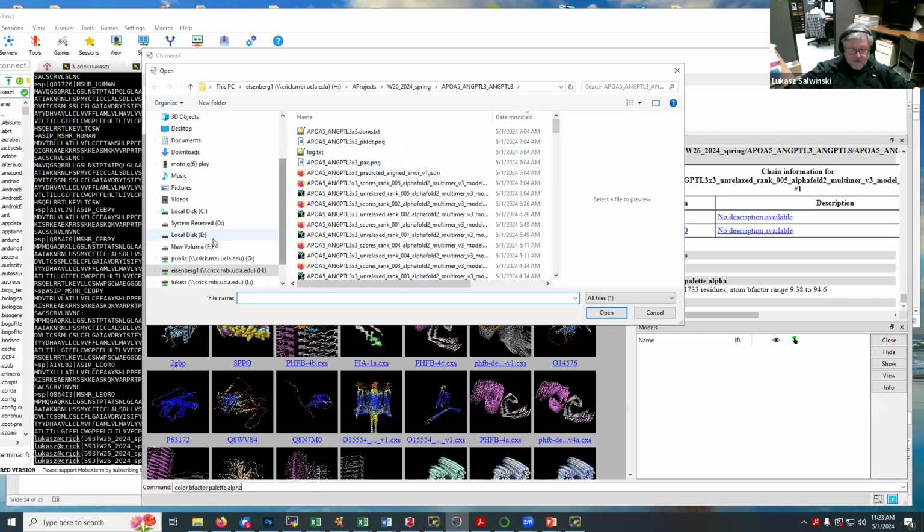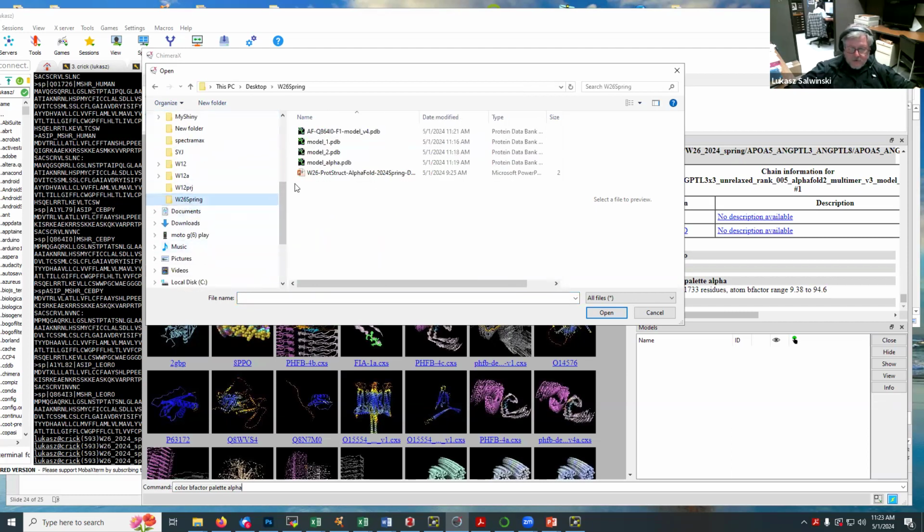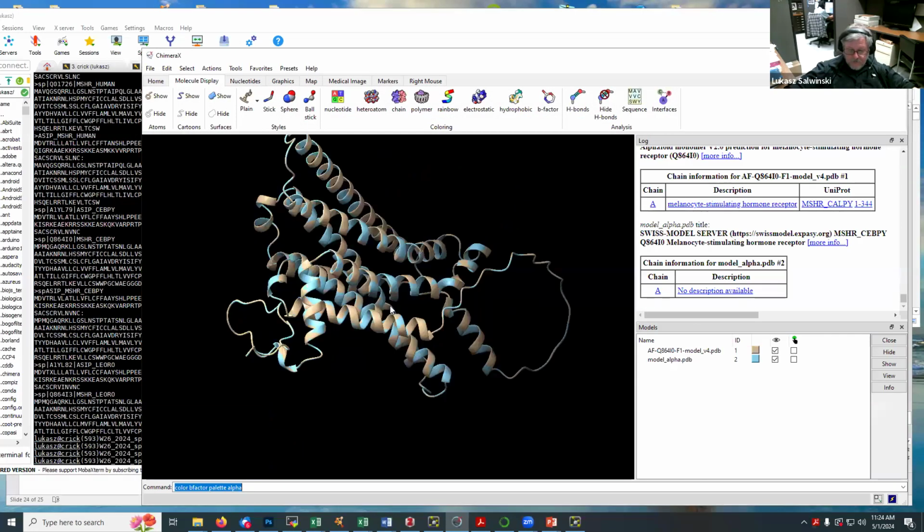I've got to go to the desktop and our directory with the models, and let's open first our AlphaFold model, and at the same time we're going to open two files: the original AlphaFold model and the model after Swiss model modified it. So you've got two PDB files selected. We open them both.